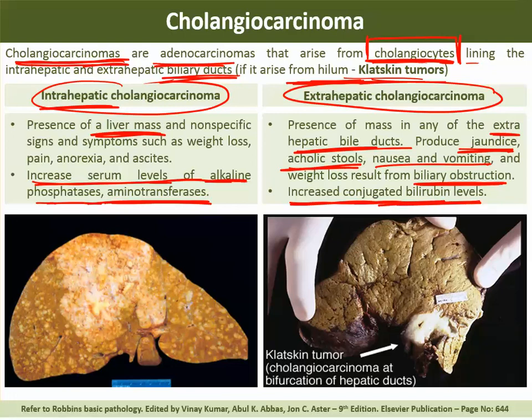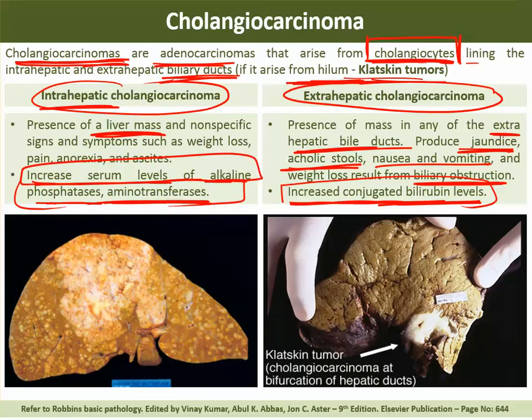AST and ALT will be normal, because it is happening in the extrahepatic duct. If it happens in the intrahepatic, liver enzymes will be elevated. So you should be able to differentiate between these two tumors based on lab investigations.